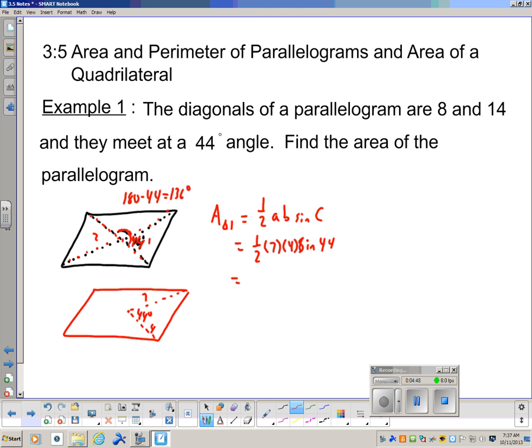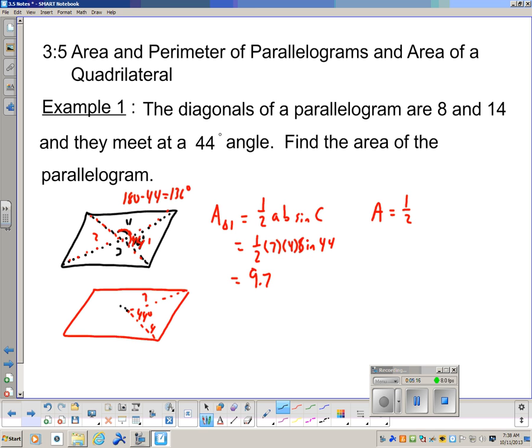Times 7 times 4 times the sine of 44. And I'm getting 9.7 for now. And then I've got to find the area of the other triangle. So this is angle 1, angle 2. So that's same as angle 2 here. So let's do 3 and 4 because they're going to be exactly the same.